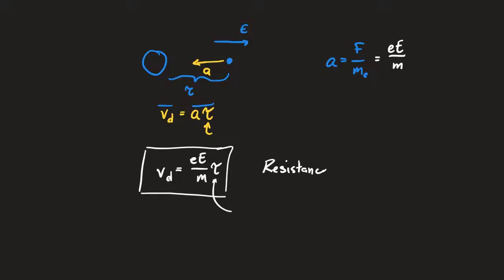Perhaps it's more dense or has more material in it that the electrons have difficulty getting around. So resistance could really be considered how often those electrons are colliding. If they're colliding more often, then T is a smaller number. If they're colliding less often, then T is a bigger number. All of that relates directly to the drift velocity.